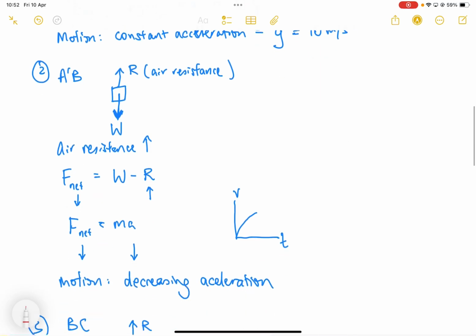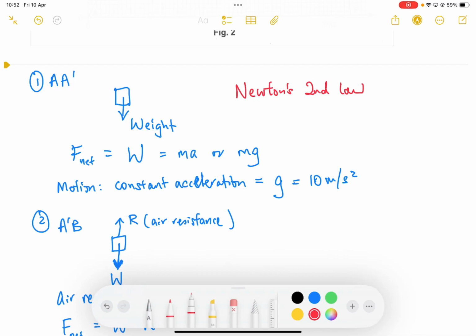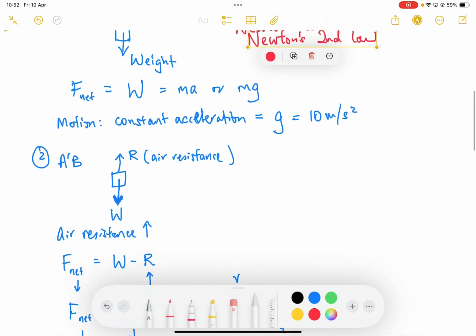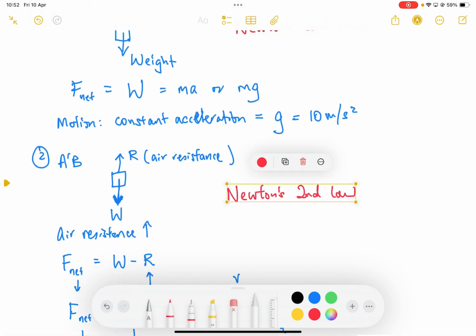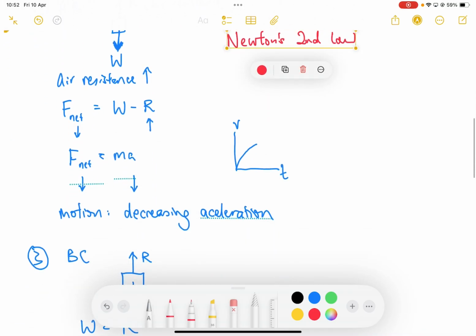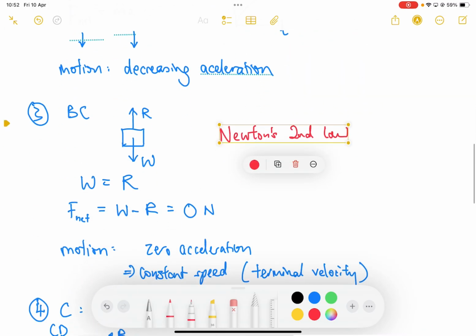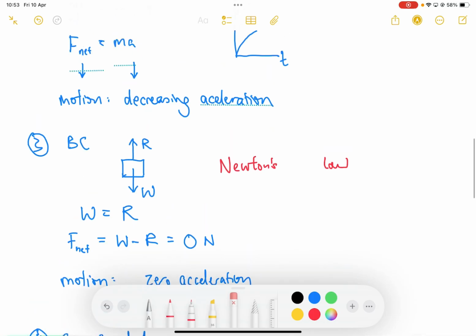Okay, from A prime to B prime, it's the same actually. There's still unbalanced forces, right? Still unbalanced forces, so we use Newton's second law, F equal ma, right? F equal ma. And then over here, for BC, do we use Newton's first law or second law? Very good, Newton's first law. Okay, why are we using Newton's first law?